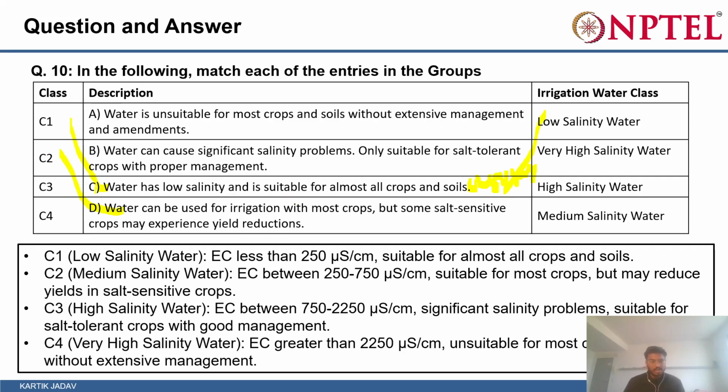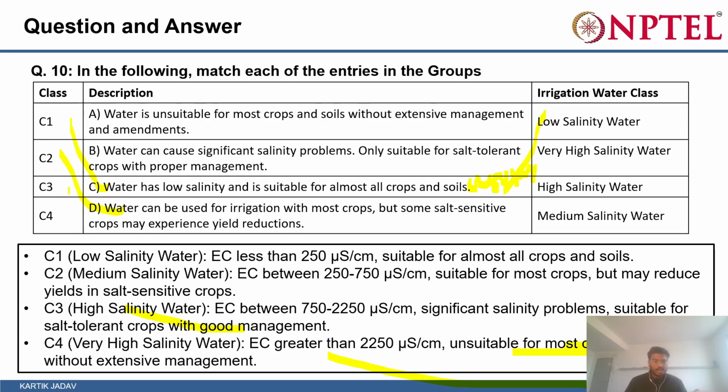Then C3 is high salinity water. In that case, there is a significant salinity problem and it is suitable for salt tolerant crops with good management practices. And C4 is greater than 2250 microsiemens per centimeter, and it is unsuitable for most crops in soil.